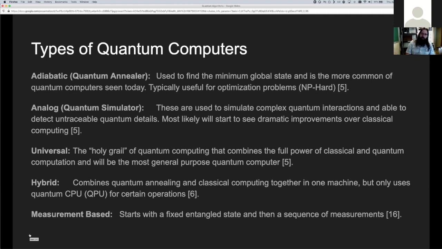And then hybrid quantum computing, I think D-Wave has a machine like this, and I don't know too much about the intricacies, but from what I've read, it's essentially a quantum computer and a classical machine shoved into one, and any of the post-processing that's classically done needs to be handed off to a classical CPU, probably through some internal traces and buses. And then it uses the quantum CPU for other things. Then there's measurement-based, which I don't know a lot about either, but you start with a fixed entangled state, and then you keep taking measurements over and over until you get your desired results.